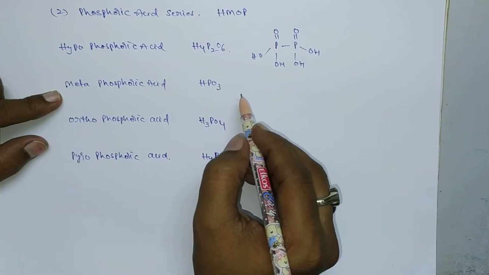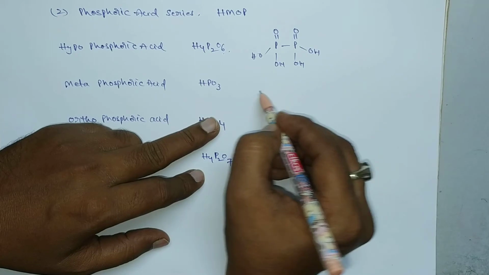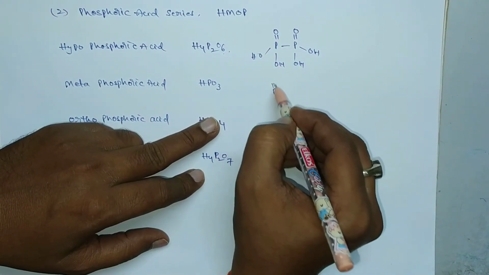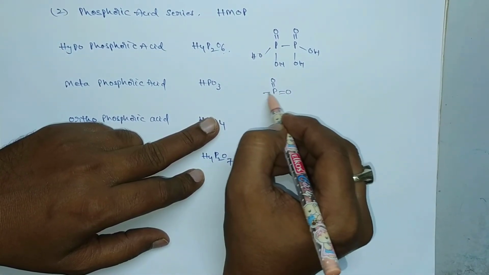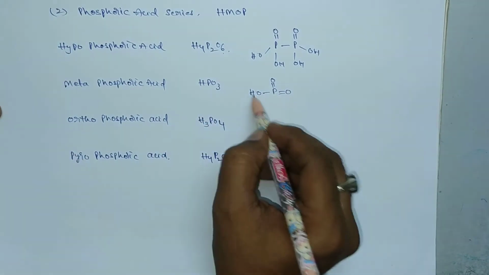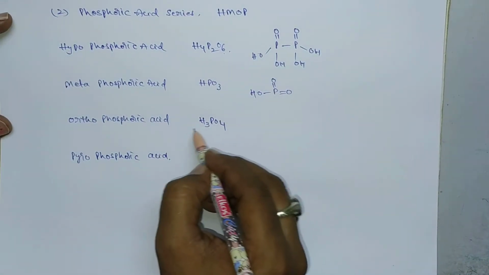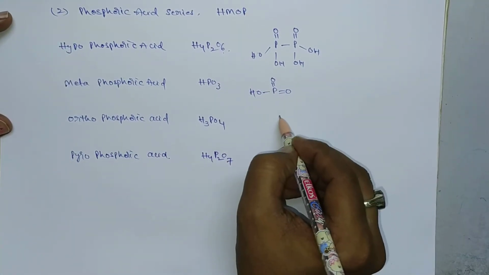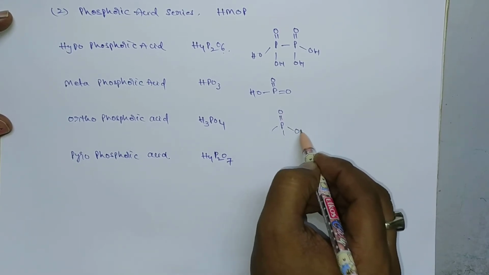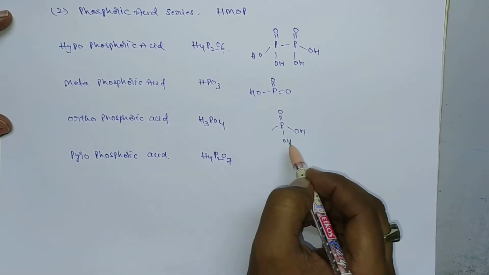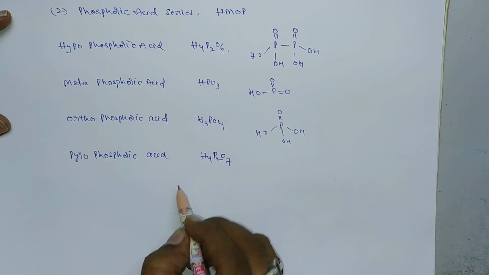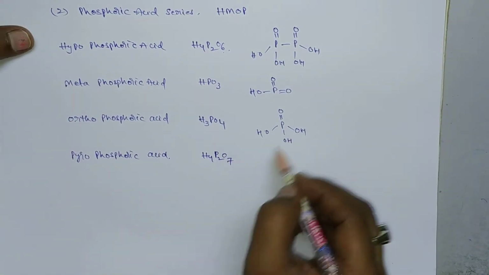Next, metaphosphoric acid. Meta means P double bond O and OH, HPO3. Next, H3PO4: P double bond O, OH, OH and OH. Next pyro.